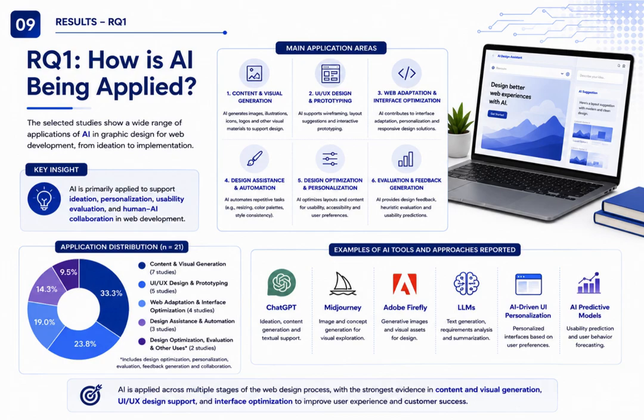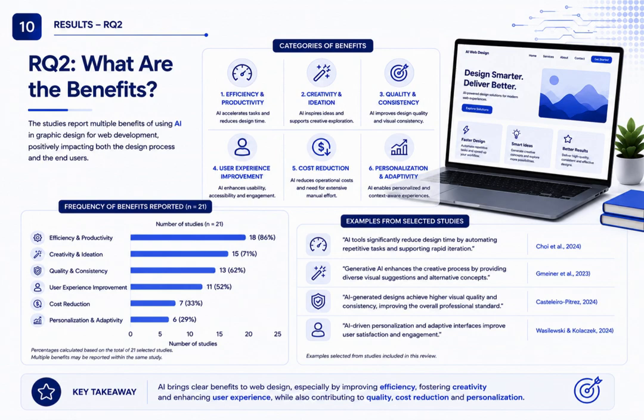The second research question focused on the benefits of AI adoption. Across the selected studies, the most frequently reported benefit was increased efficiency and productivity. AI automates repetitive tasks, allowing designers to spend more time on creative activities.